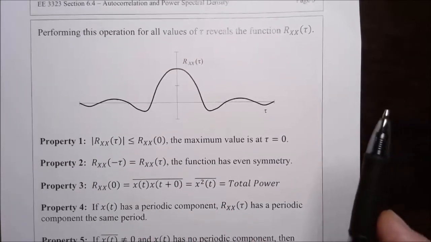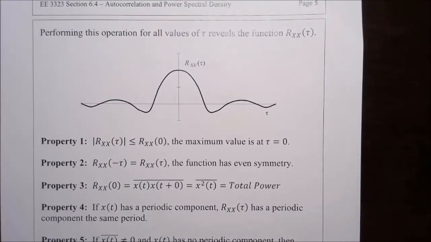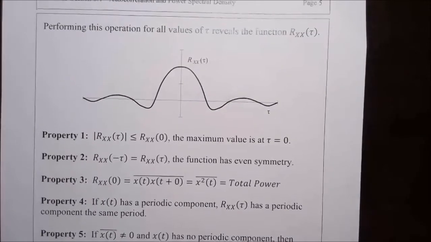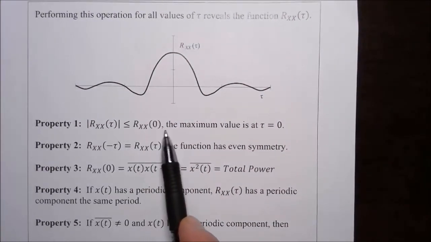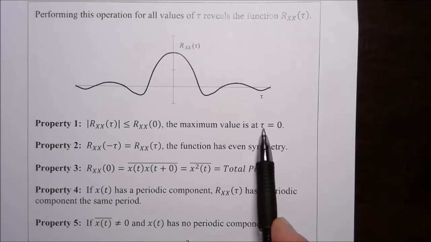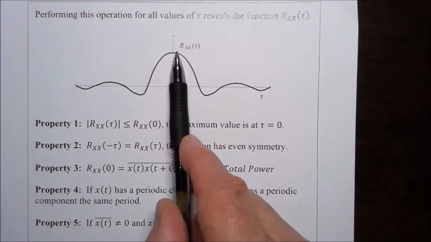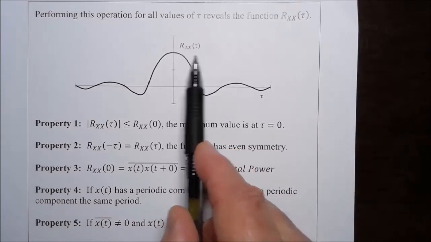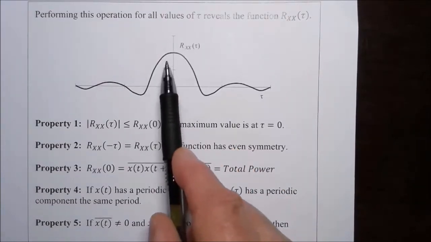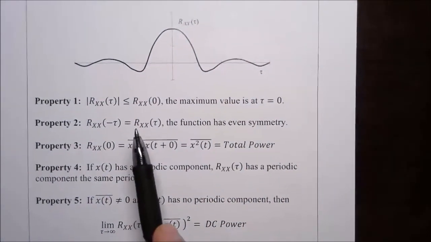And it's got some properties that are always true of valid autocorrelation functions. The first property is that it has a maximum value at time shift tau equal to 0. So this is the tau axis. This is tau equals 0. And the autocorrelation will have a maximum value at that time. It will never get higher in value than whatever that value is. It will be less than, perhaps, but that will be its maximum.